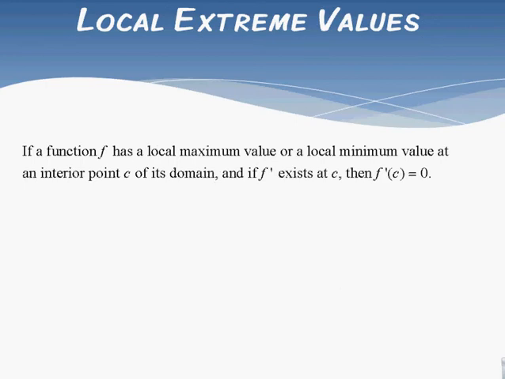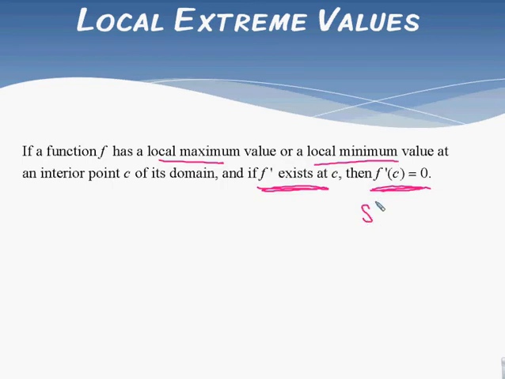So let's talk about local extreme values. I think this is something that just kind of makes sense, but we're just going to put the definition out there for you. It says if a function has a local maximum value or a local minimum value at an interior point c in its domain, and if the derivative does in fact exist at that place, then the derivative must equal 0.